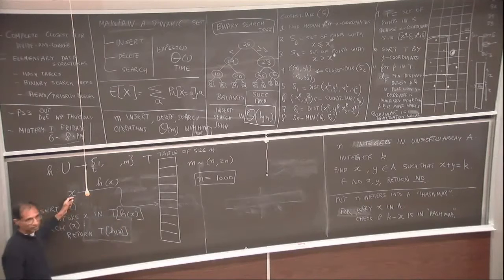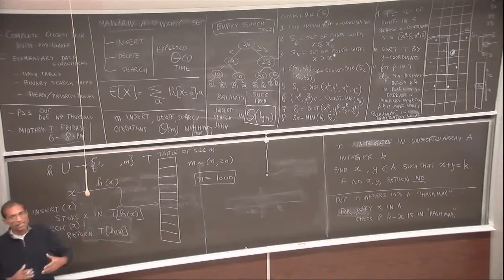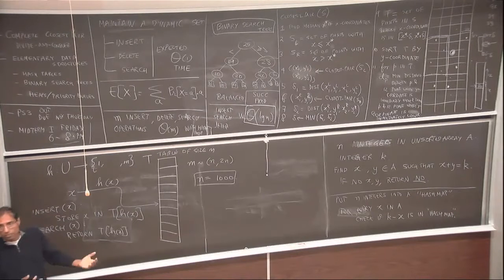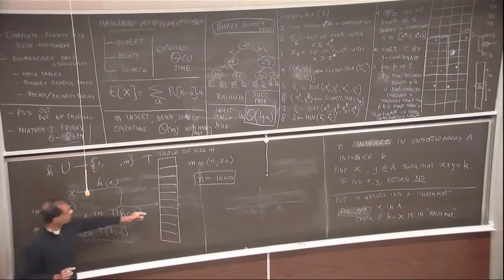But my x, I didn't tell you what the universe is. Somebody asked me, is this negative integers at all? Yes, sure. It could be any integer. So these numbers could be drawn from a range of minus billion to a billion. So two different x's could be mapping to the same place.